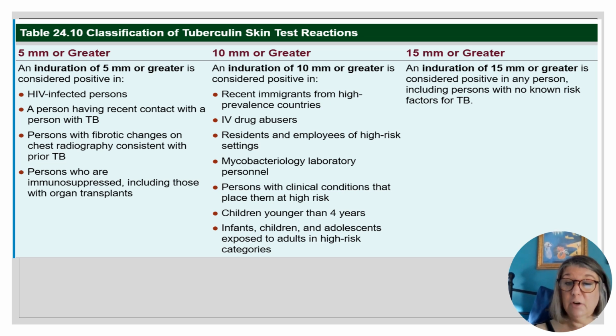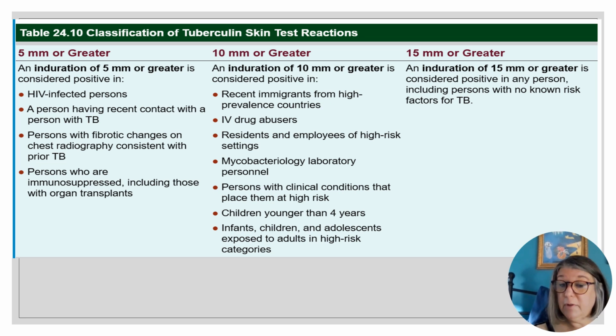So 5 millimeters or greater in our immunocompromised people, or people who have had recent exposure to TB. 10 millimeters or greater in recent immigration from a high prevalence country, IV drug users, residents and employees of high risk settings, mycobacteriology lab personnel.